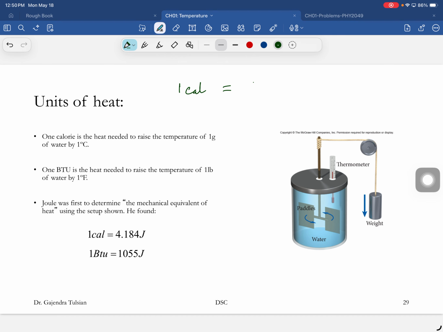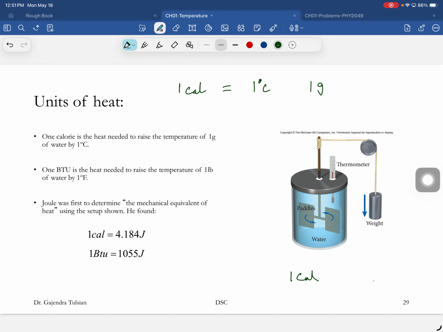So for solids and liquids, we define something called a specific heat, and here's the formula. Q is mc times delta T. What this formula tells you is, if you have m kgs of a solid or liquid, and you want to raise its temperature by that much, this is the amount of heat you need.